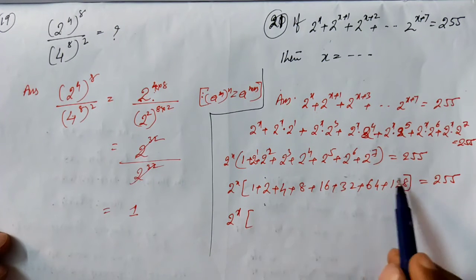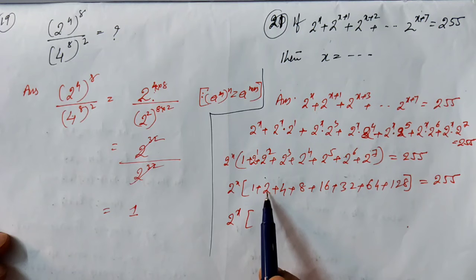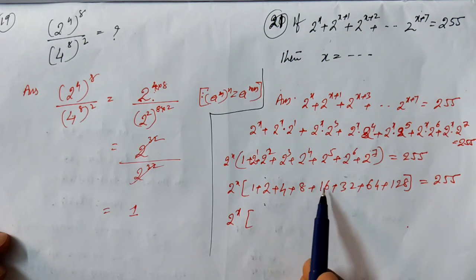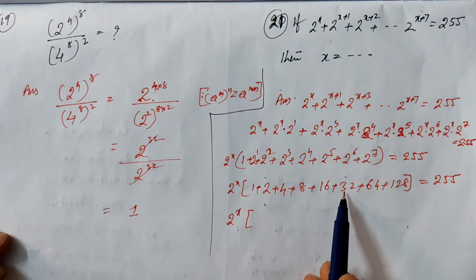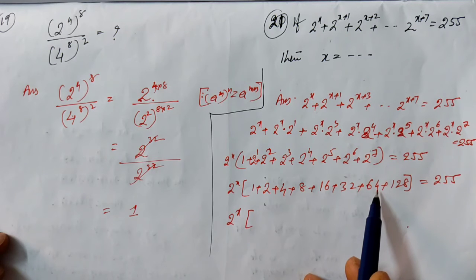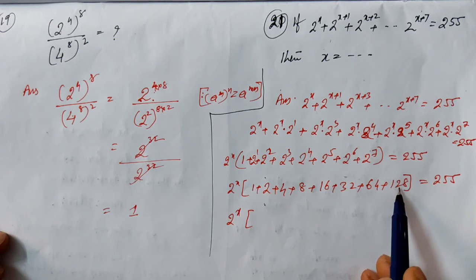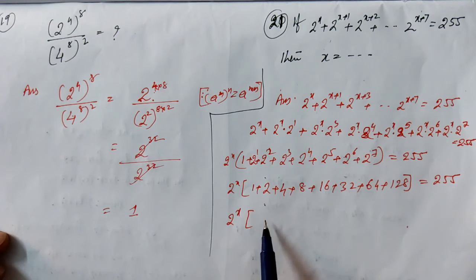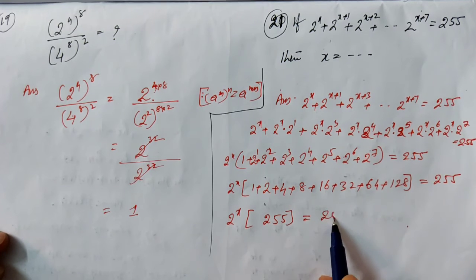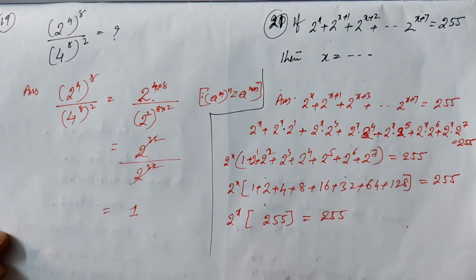So add all these. 1 plus 2 is 3, plus 4 is 7, plus 8 is 15, plus 16 is 31, plus 32 is 63, plus 64 is 127, plus 128, which is equal to 255. This 255 is this one.